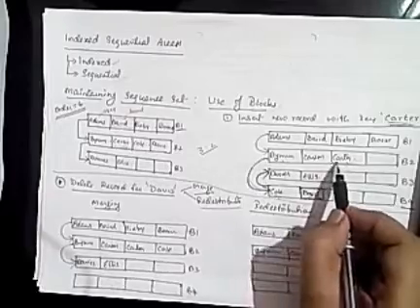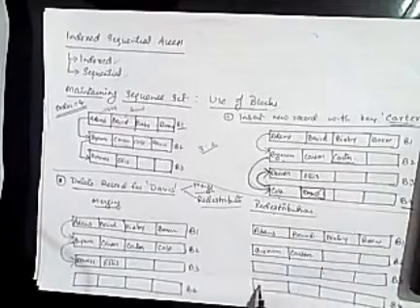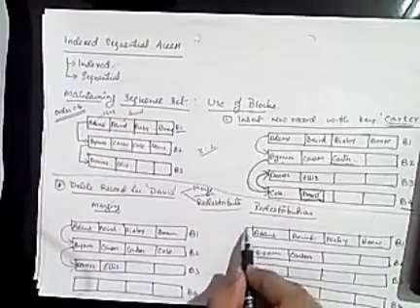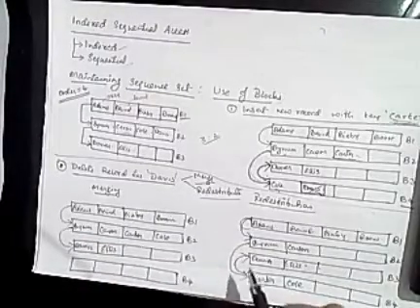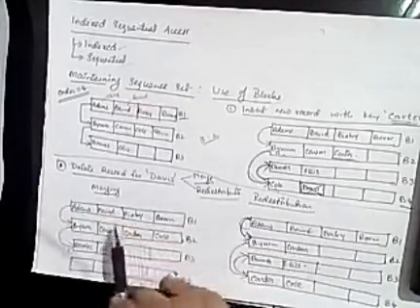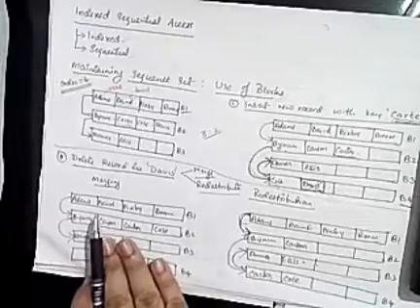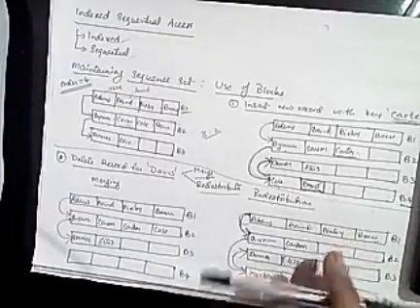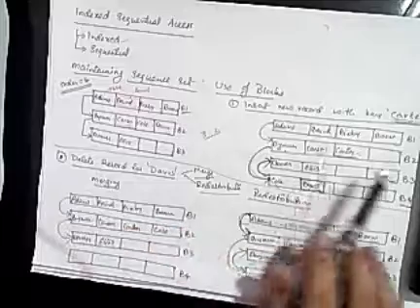So what I am going to do is write Carter in B4. Then from here once again, and Ellis. Now there is no underflow and we have connected it properly. So either you can use the merging option or you can go for redistribution. Both are possible in indexed sequential access.